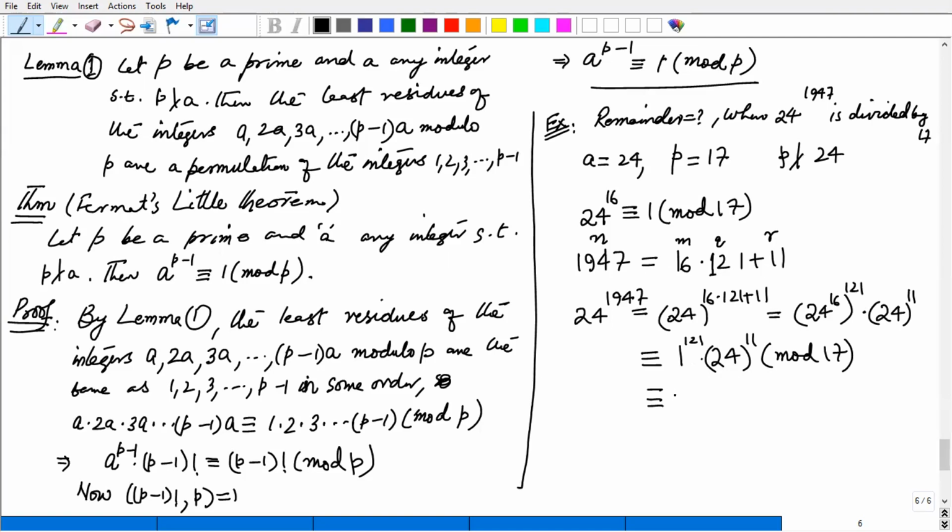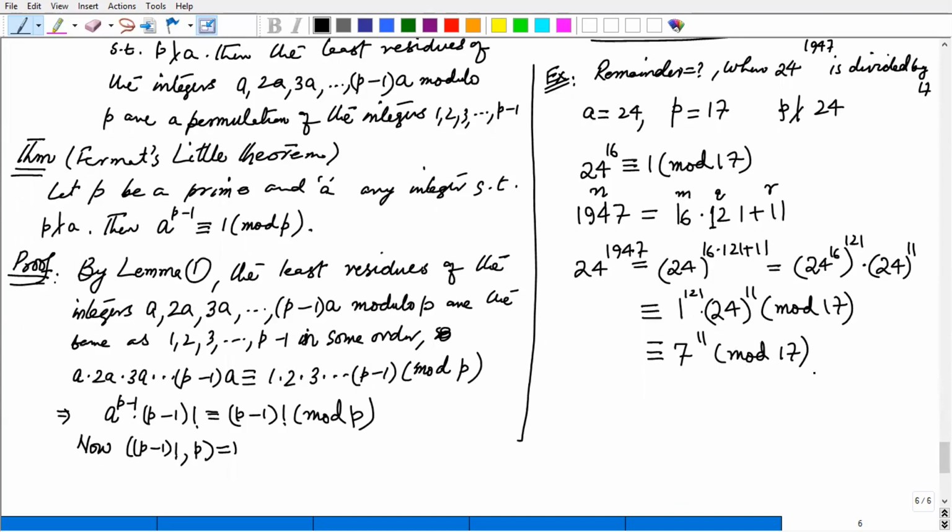So 7 to the power 11 modulo 17. Now we have to simplify 7 to the power 11 modulo 17.